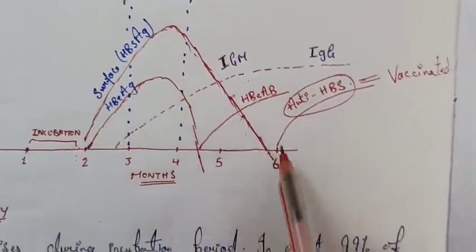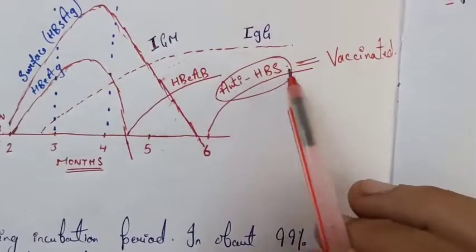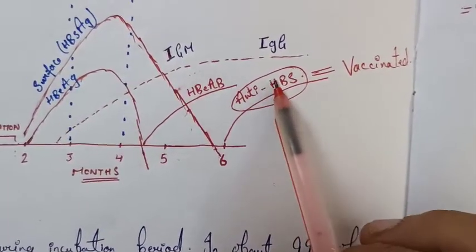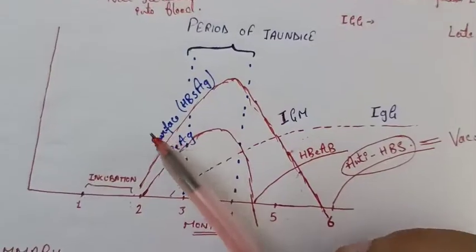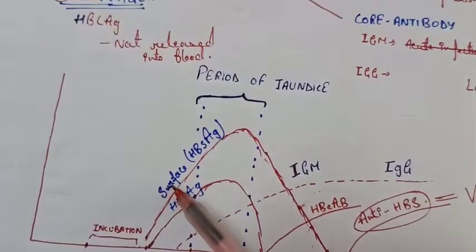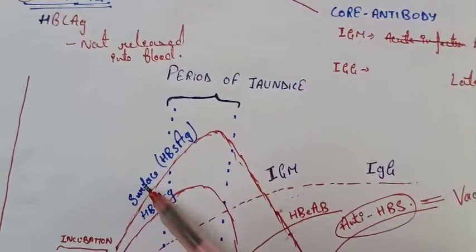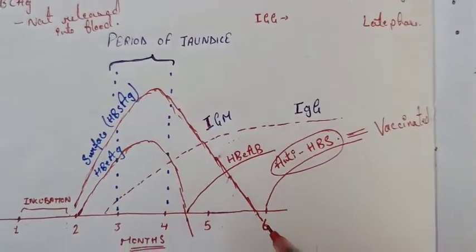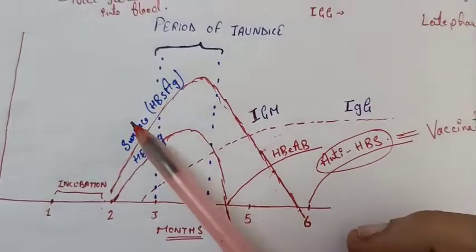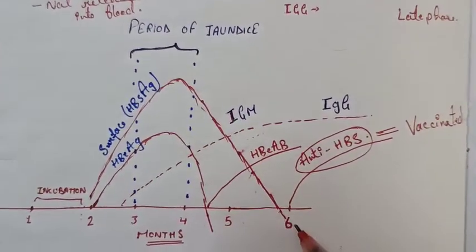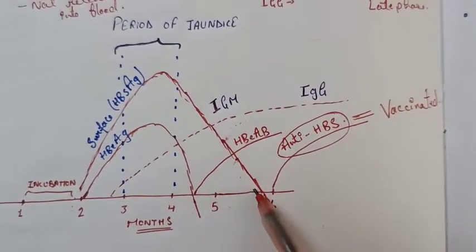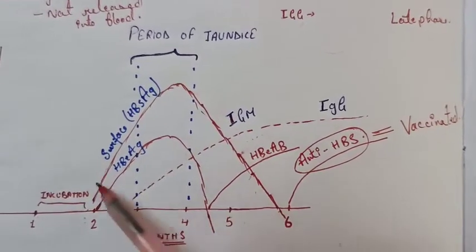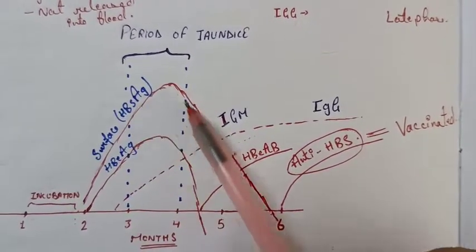Okay, now let's talk about anti-HBs, antibody to surface antigen. As I told you, one of the most important and early serological markers was hepatitis B surface antigen, and within 6 months, in about 99% of people, the surface antigen completely disappears. How does HBsAg disappear?